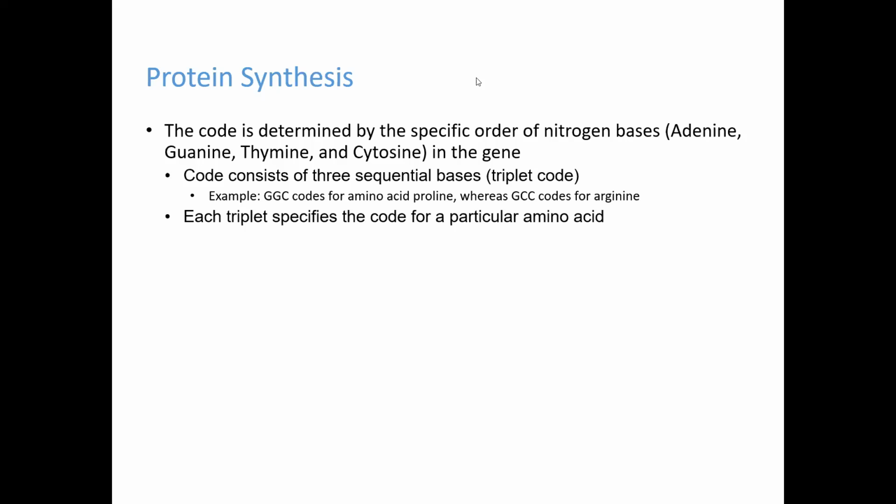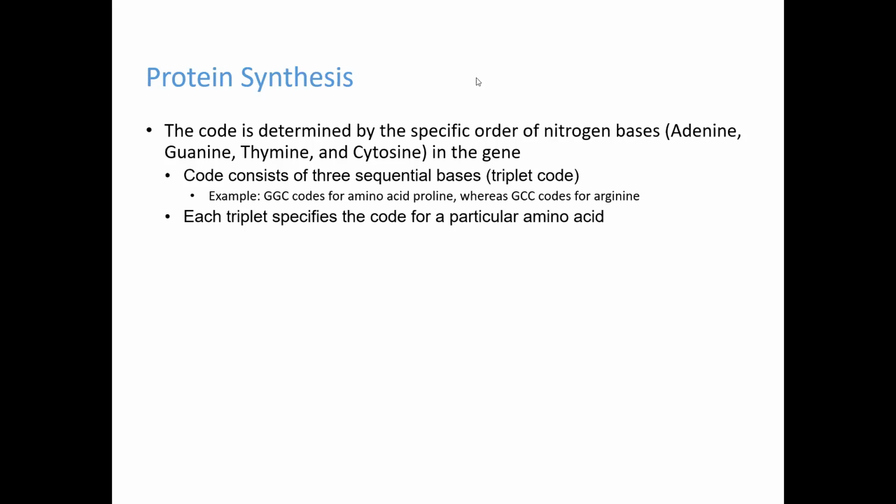Now, to make it a little simpler, the bases are organized in clusters of 3. They're called a triplet. So we have a triplet of 3. Adenine, thymine, guanine is a triplet. Cytosine, cytosine, cytosine is a triplet. Guanine, cytosine, guanine is a triplet.